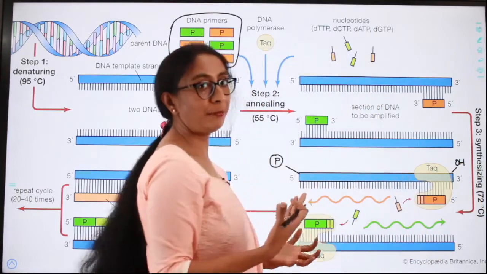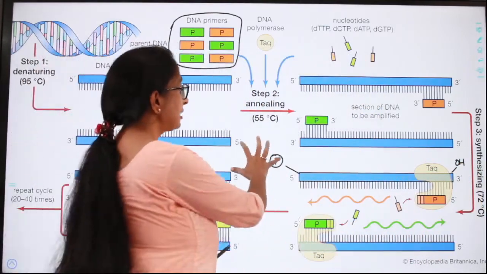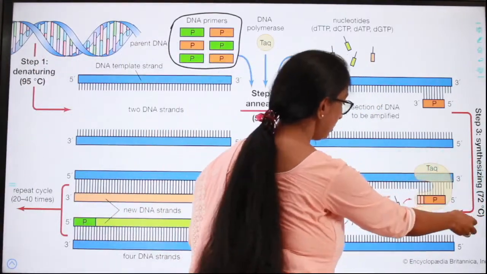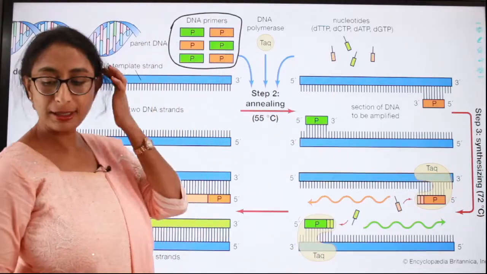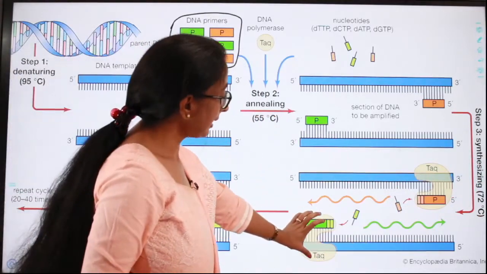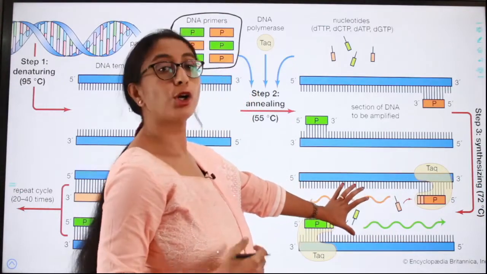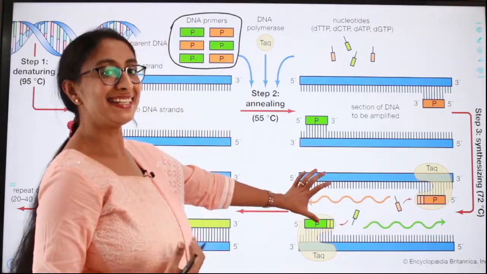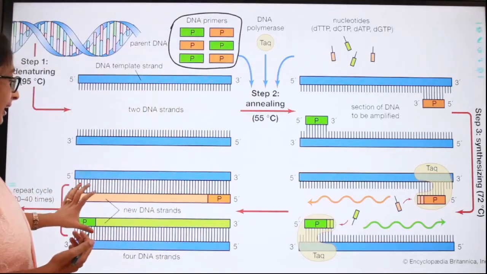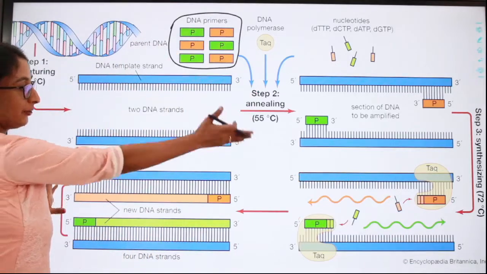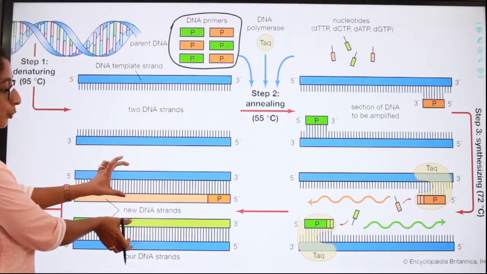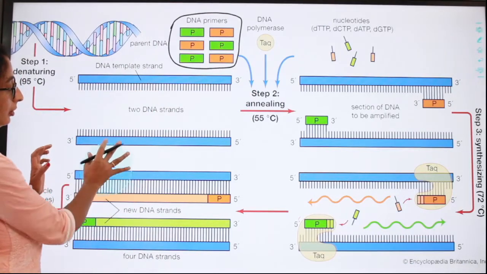That is what we mean by 5' and 3'. So in this third step, the DNA polymerase attaches and starts synthesizing a new DNA strand complementary to the existing template strand. Finally, at the end of all these 3 steps, you have 2 copies of the DNA.